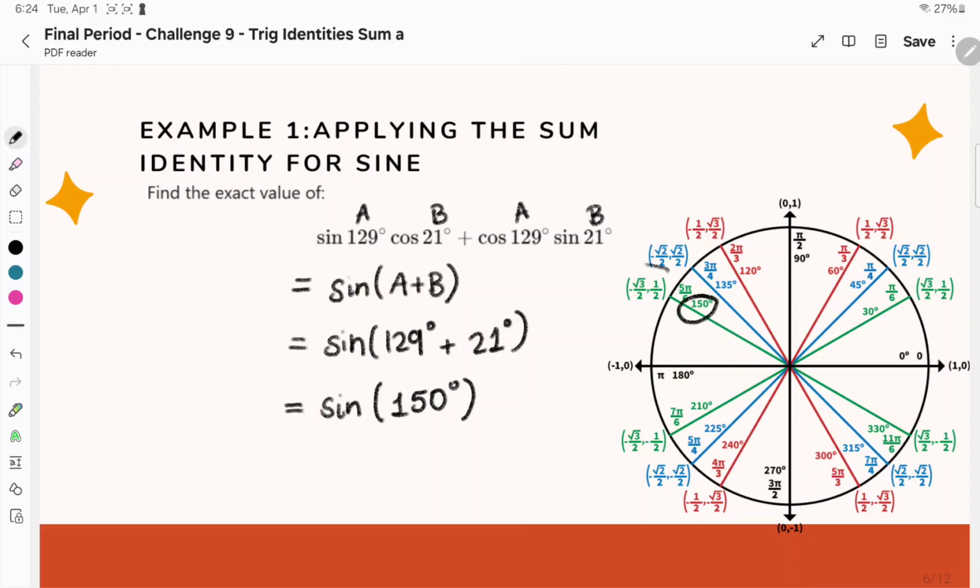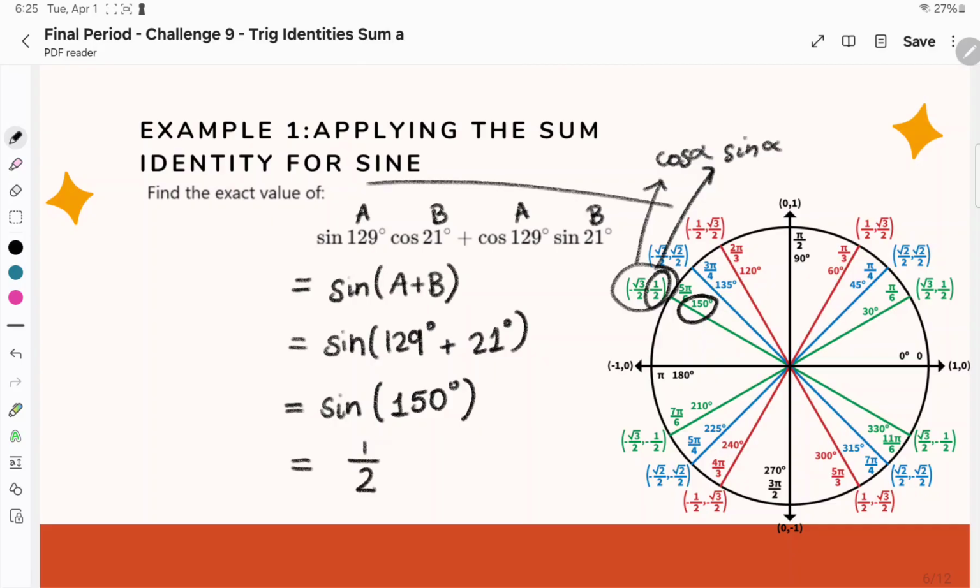But oh, surprise, 150 is one of our special angles, right? And we know that if we have the coordinates of that angle, the first coordinate is always going to be the cosine of the angle, and the second coordinate is always going to be the sine of the angle. So in our case, we're looking for the sine of 150, which is the second coordinate of the angle in the unit circle. So this is going to be equal to 1/2. So how does this simplify this expression?